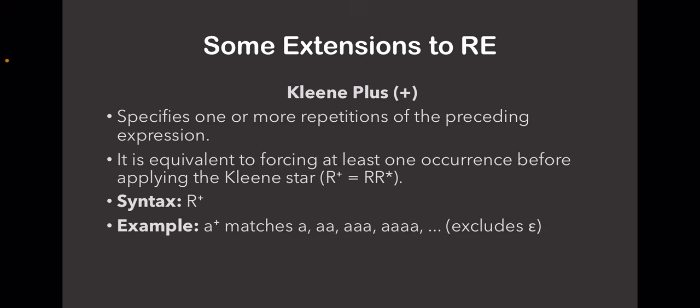So the Kleene plus is equal to having an expression before applying the Kleene star. An example, the Kleene plus of A matches A, AA, and so on. So here we can see that the empty string is excluded, and that's the difference.